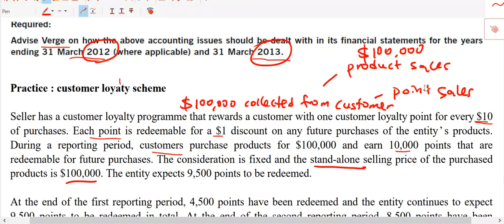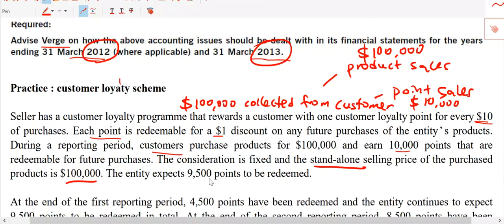And the standalone for the points, 10,000 points at $1 each, is $10,000 for the point sales. We're going to do some mathematical calculation to prorate the money collected from the customer into product sales and point sales. I can see the product gets more revenue because the product on a standalone basis is more expensive than the points. So the points get less revenue.